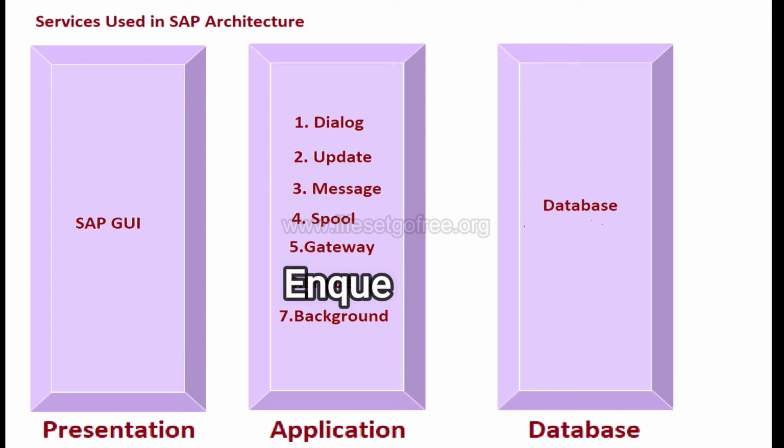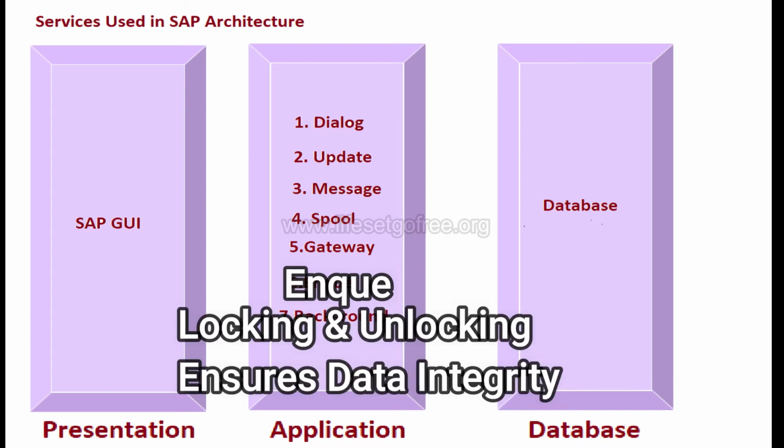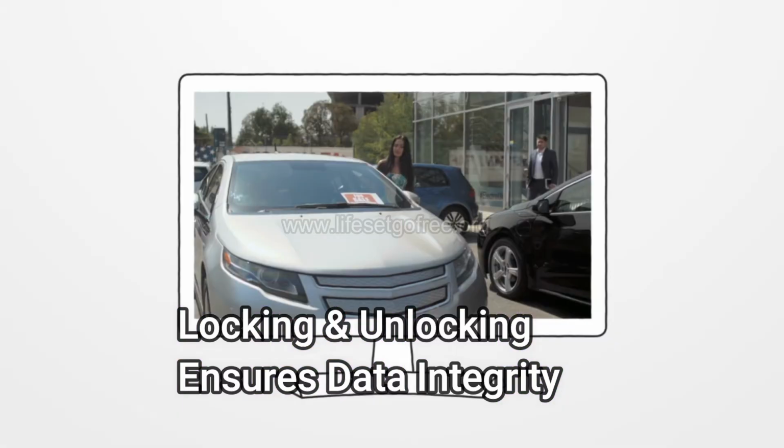Suppose one sales executive is trying to sell a car, and some other sales executive is also trying to sell the same car. You cannot sell the same car to two different customers, right?